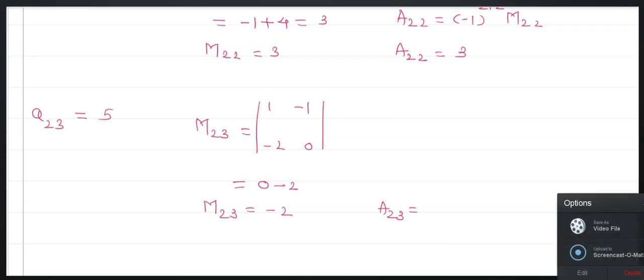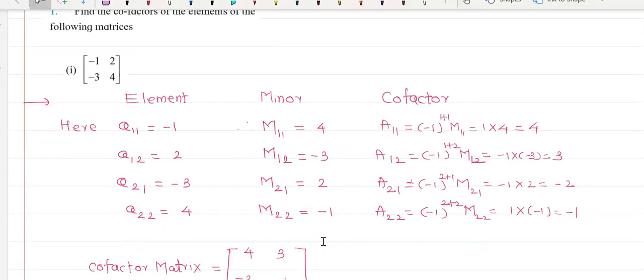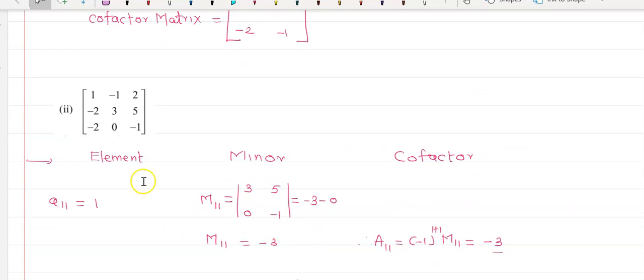Now see the value of this element, that is A22. If we delete this element's row and column, upward and downward and horizontal direction, forward and backward of the 3, then you will get 1 2 minus 2 minus 1.